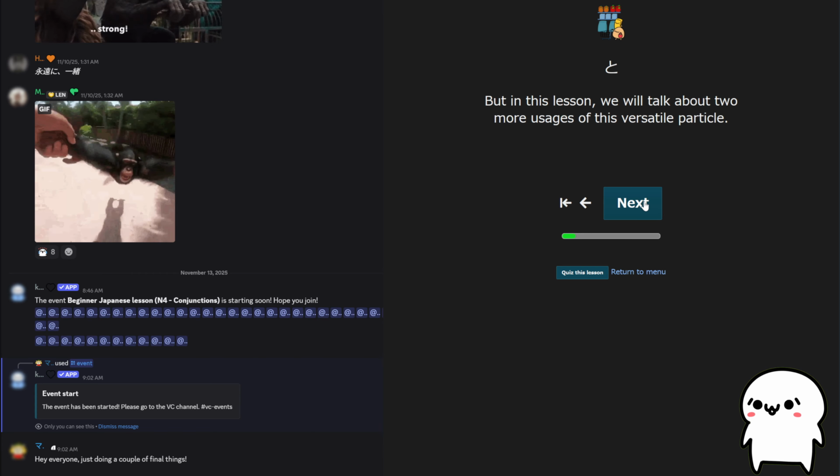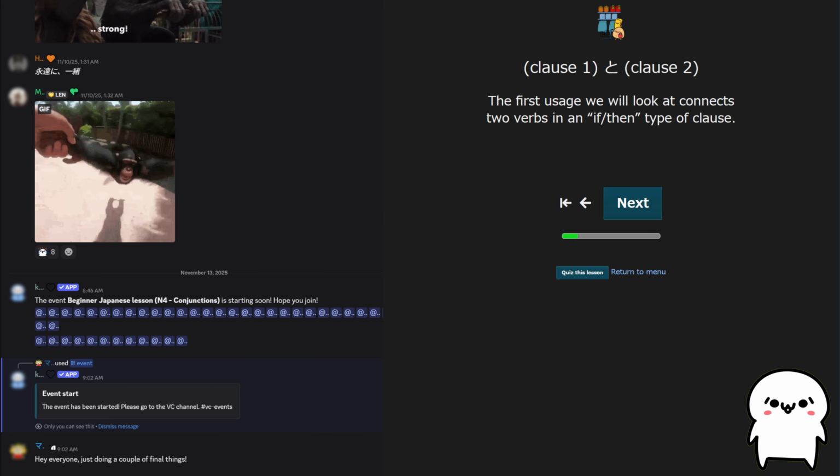The first one describes kind of a causal relationship. And if you haven't heard the word causal before, it's related to cause, as in cause and effect. It's showing that the first action or the first clause causes or is the reason for the second one happening.